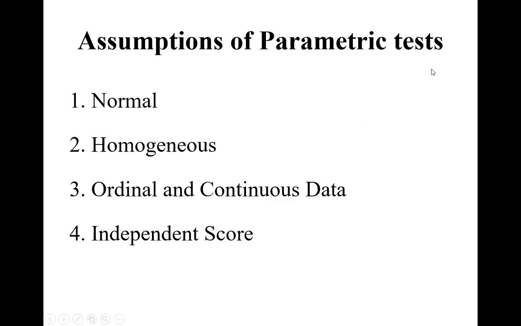Now today we are discussing the parametric test. I told you the parametric test has some assumptions. The first assumption of the parametric test is that data should be normally distributed, second is that data should be homogeneous, third is that data should be collected as ordinal or continuous data, and the fourth is that the scores should be independent.